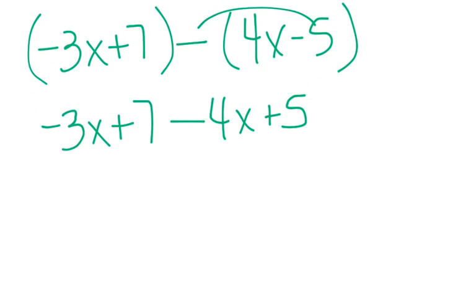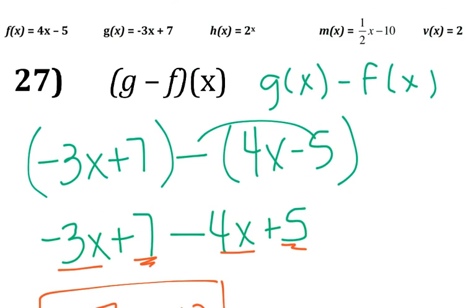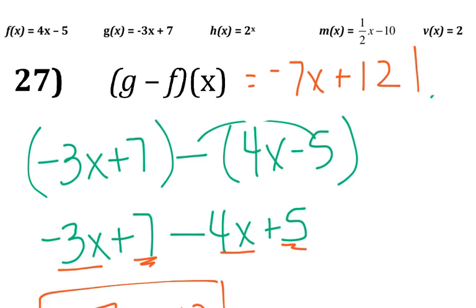Now I'm going to look for like terms, so I see that I have like terms there, so -3x minus 4x, and then I have 7 and 5, so -7x plus 12, is what g minus f of x is.